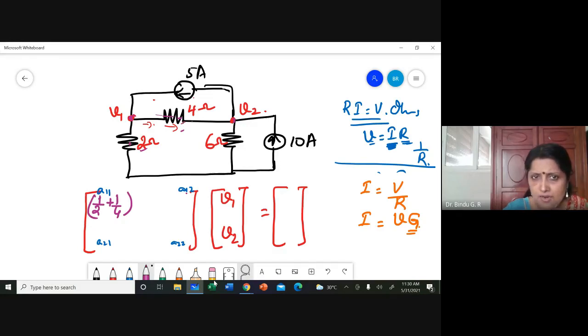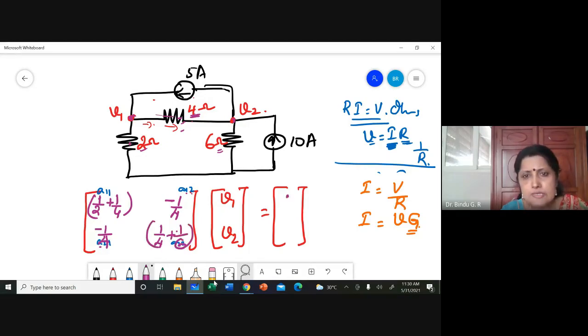You have only one, that is 1 by 4. You put a negative sign. Here again A12 is the same as A21, that is minus 1 by 4. And here A22 is the sum of all those conductances which are connected to V2. Which are they? The conductance corresponding to this resistance and this resistance. So 1 by 4 plus 1 by 6. It is not 1 by 10, remember.